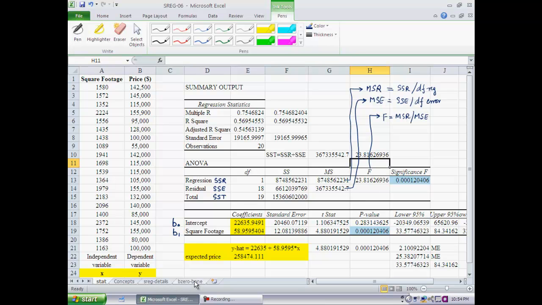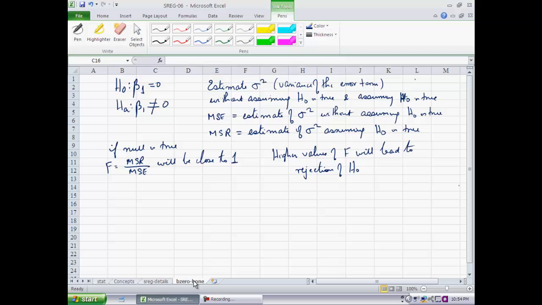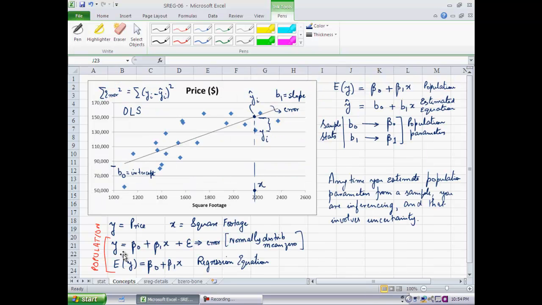We go back to the hypotheses that we had, the null hypothesis and the alternate. The null hypothesis, if you recall, was beta 1 equal to 0. The alternate hypothesis is beta 1 not equal to 0. Now, when we started discussing regression, you remember this line that we had hypothesized as the relationship between x and y: y equals beta 0 plus beta 1x plus epsilon.